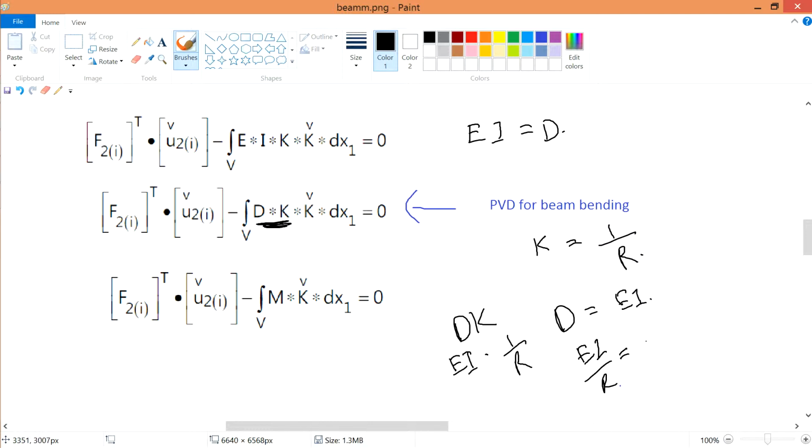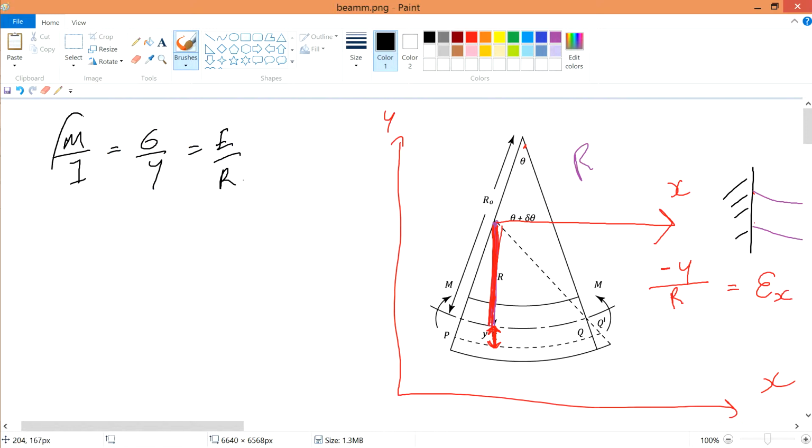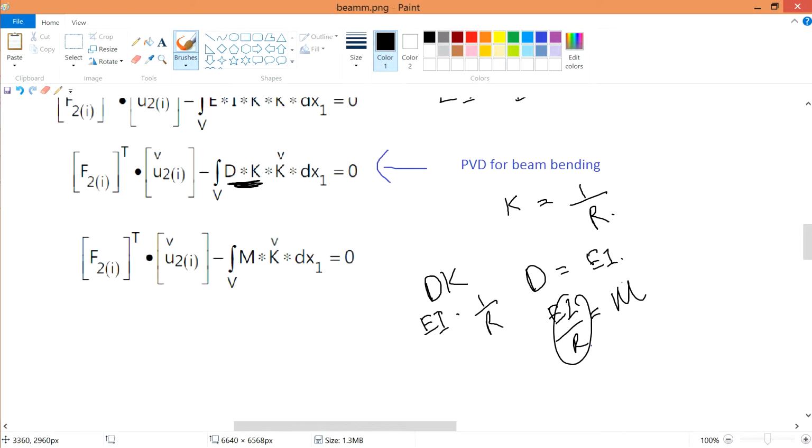And if you find this familiar, this is actually your moment. If you take this and rearrange, you put I upstairs, you have EI over r equals your moment. So the EI is here, you just bring it up to here, that's all. Hope this is pretty clear. And therefore, since we know that EI over r is equal to our moment, I'll just simply sub it in.